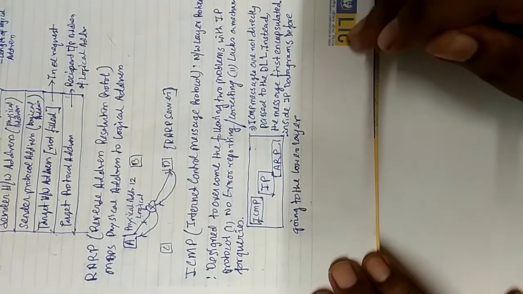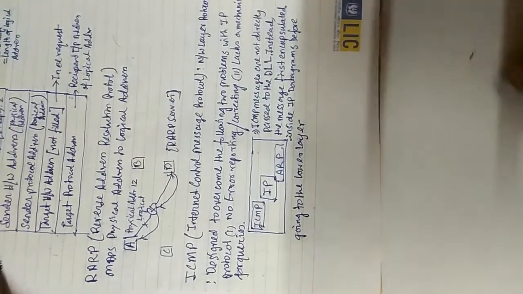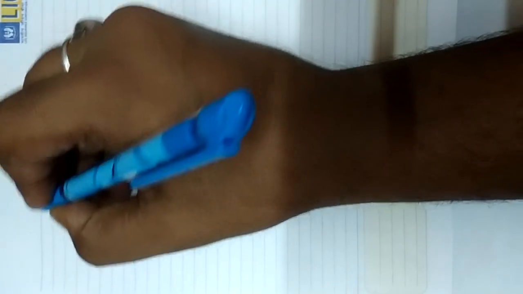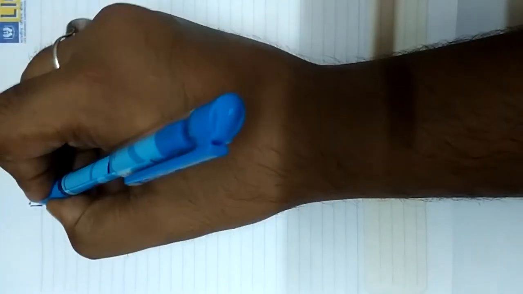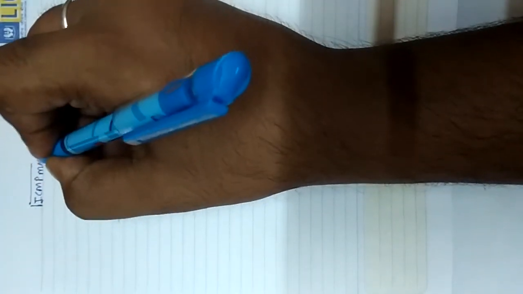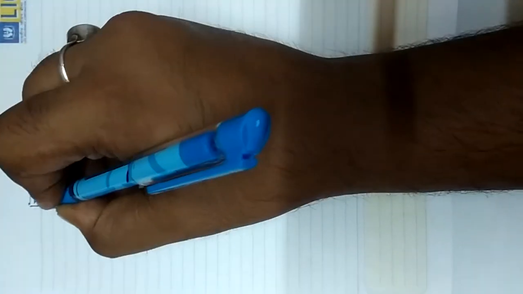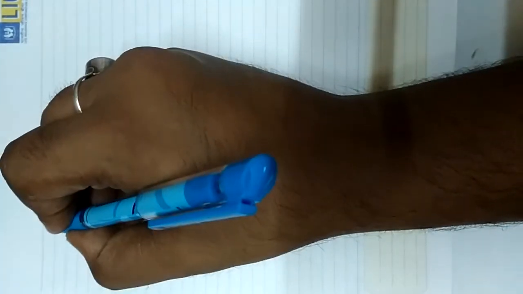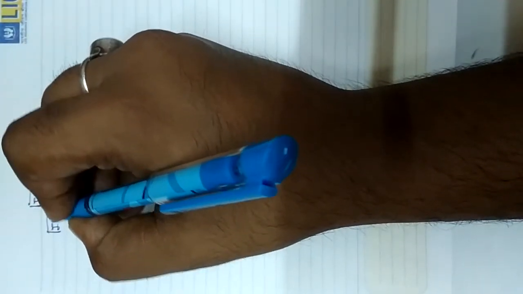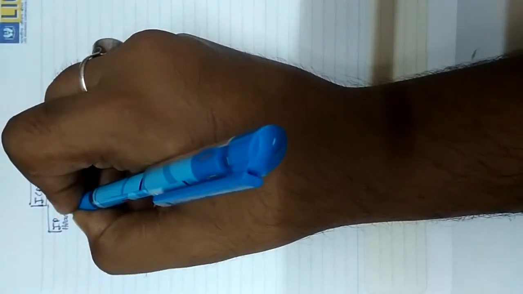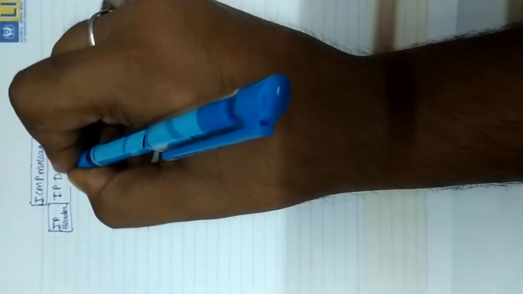Now let us draw one figure. First this is the ICMP message, and it is encapsulated with an IP header and IP data.